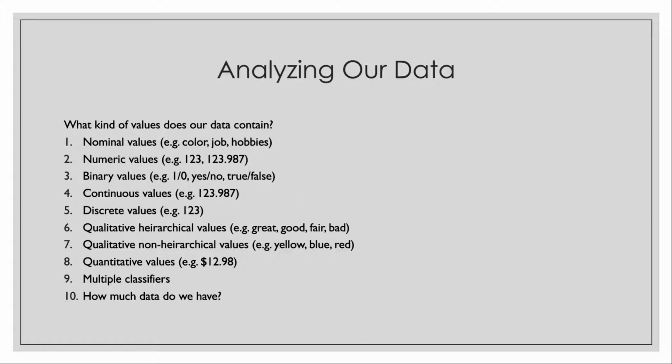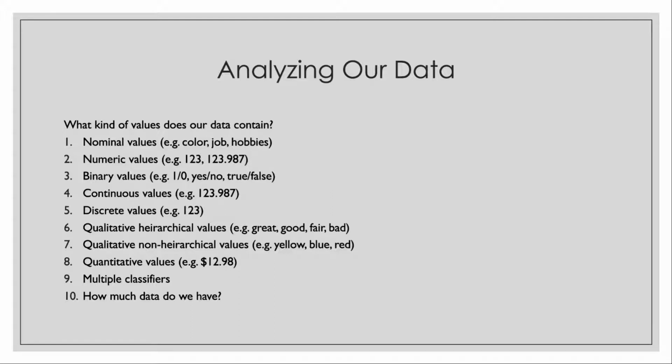So, analyzing our data is important because we want to know what kind of data we have. The kinds of data we can have are nominal values, which are non-numeric values. We have numeric values and binary values, and within the numeric values we can have continuous or discrete.